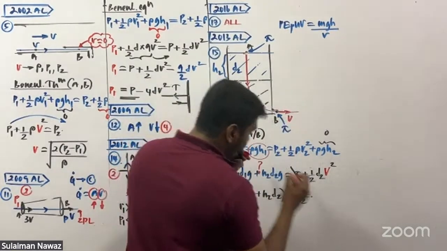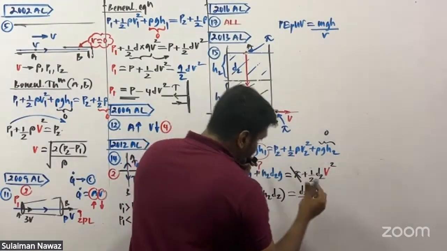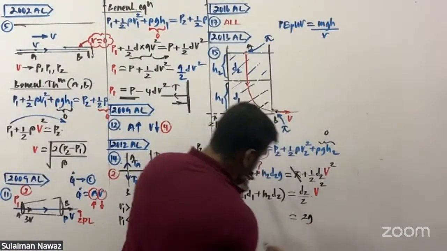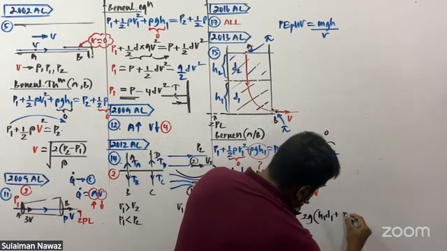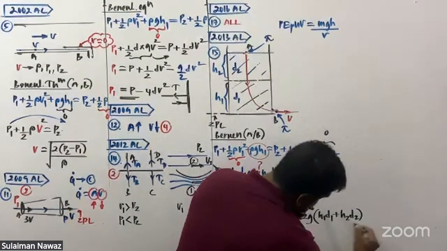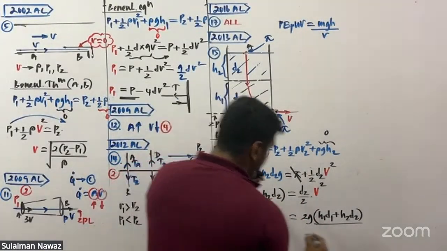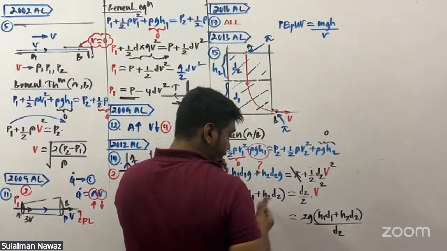We make V the subject. When you do that, you get V as the square root of 2g times H1 D1 plus H2 D2, over D2.